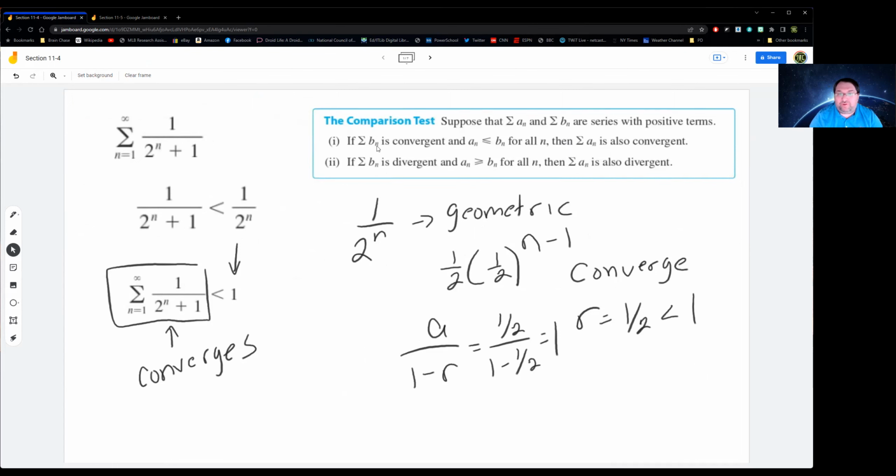So if what I'm comparing it to is convergent, it has to be less than that. If what I'm comparing to is divergent, it has to be greater than it. So if these symbols are the wrong direction, like the one I just looked at, where BN is convergent but AN is greater than BN, I can't use that test.